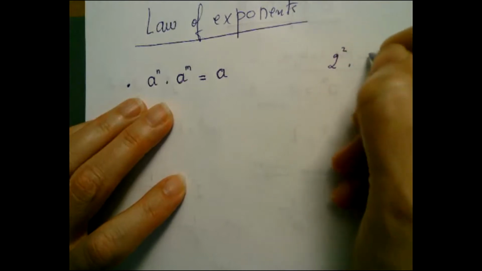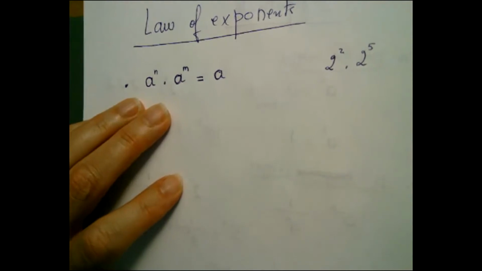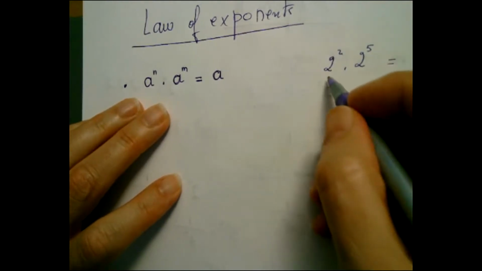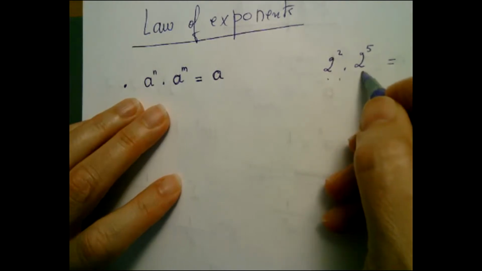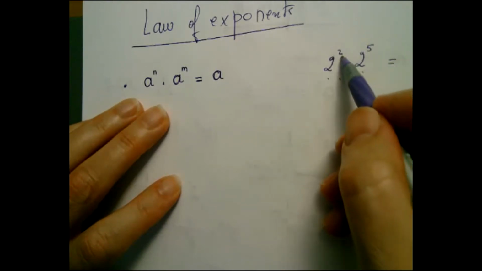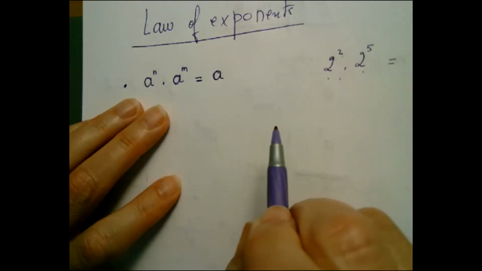Suppose I take 2 squared and multiply it by 2 to the power 5. As simple as that. How many 2's do I have? 2 2's from here. And how many from here? 5. So how many 2's altogether? 7. 2 plus 5. I'm going to add them to each other.